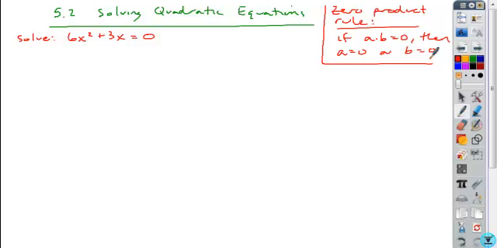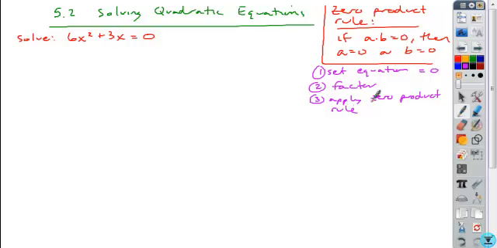Then you'd factor. So you're going to set the equation equal to 0, factor, and then apply the zero product rule. Okay, and so this is going to be true for many different types of equations.